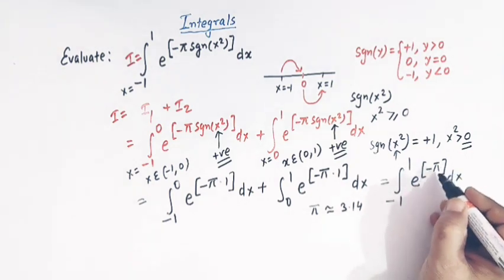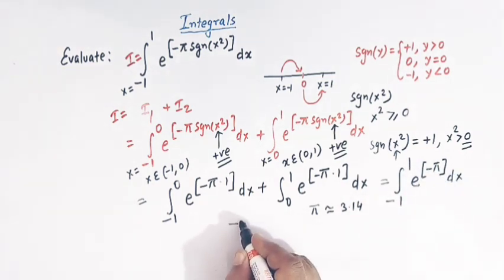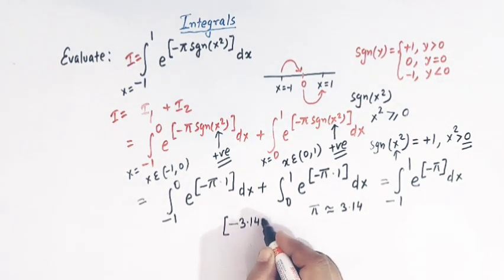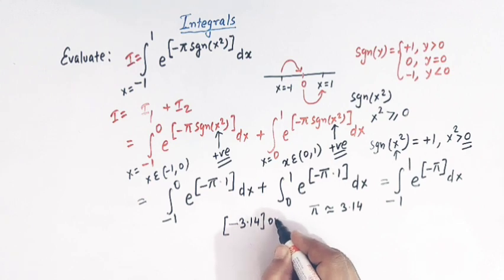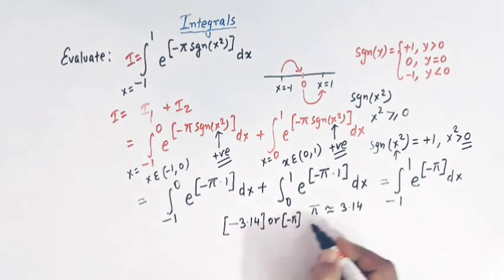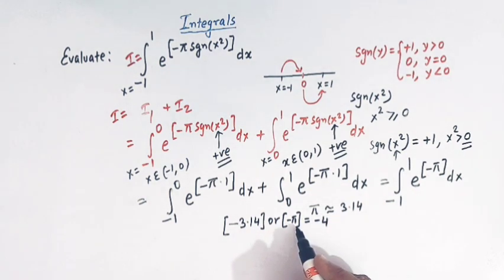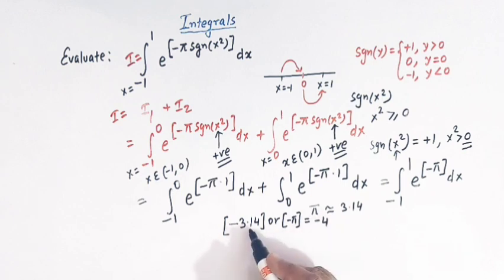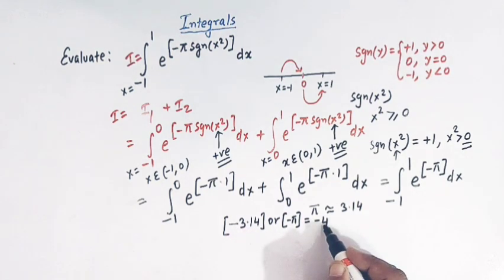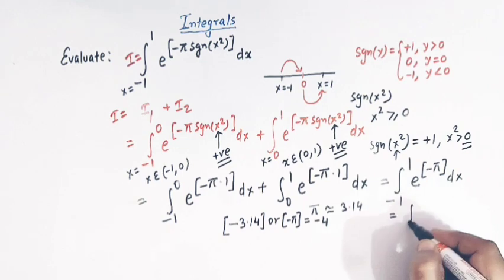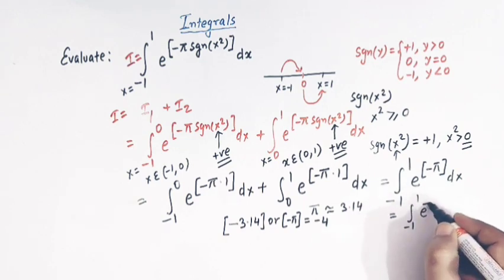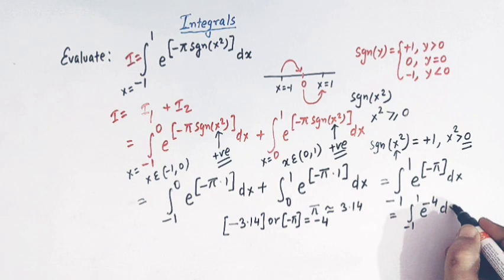And here we have greatest integer of minus pi, that is the greatest integer of minus 3.14, which is equal to minus 4, right? By definition of greatest integer function, the greatest integer less than or equal to negative 3.14 is equal to minus 4, right? So now this integral is -1 to 1 e raised to minus 4, and here we have dx.